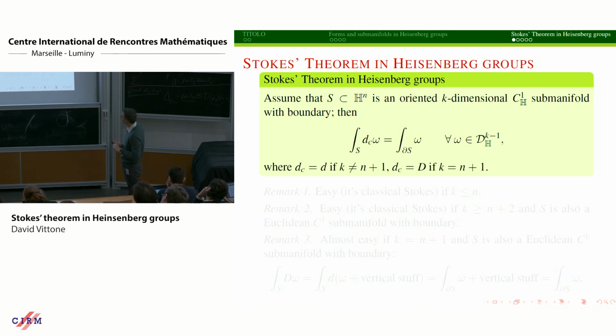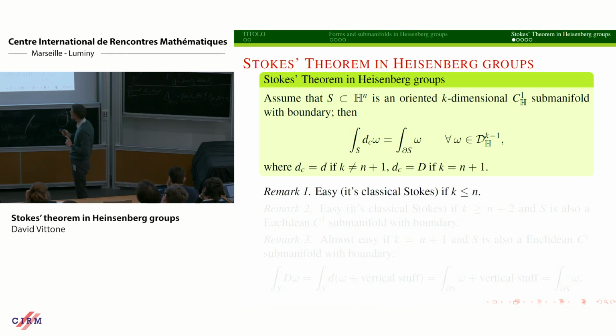Okay, so before starting with the proof, a few remarks. The first one is that the theorem is pretty easy. It's essentially classical Stokes for submanifolds of low dimension because everything is C1. Actually, there is something to check. This comment is probably for the experts, for people who know the definition of Rumin's complex.